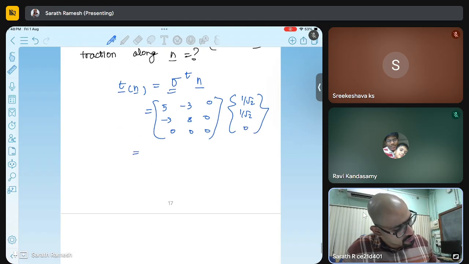This is equal to 5 by root 2 minus 3 by root 2. This is a 3 by 3 matrix and a 3 by 1 vector, so we will get a 3 by 1 vector. Then minus 3 by root 2 plus 8 by root 2, and this is 0.